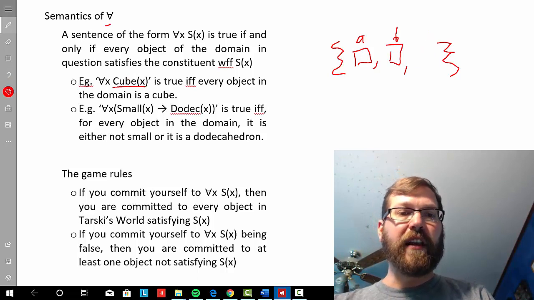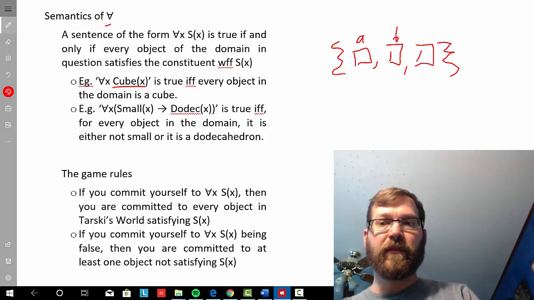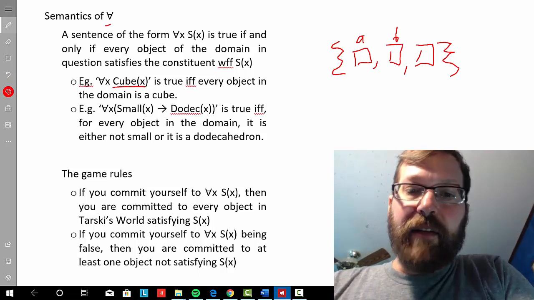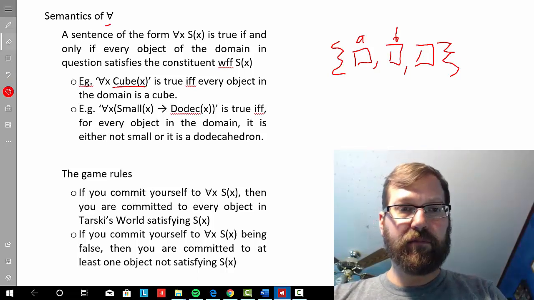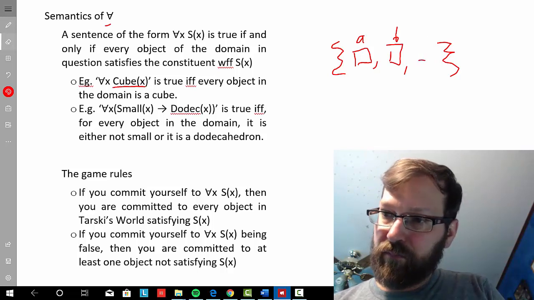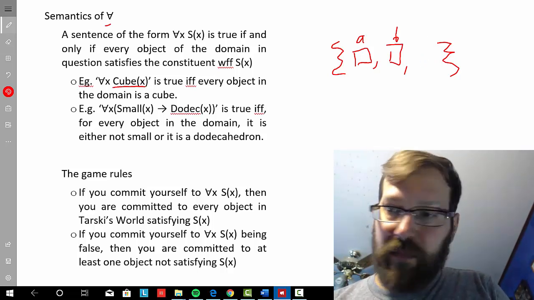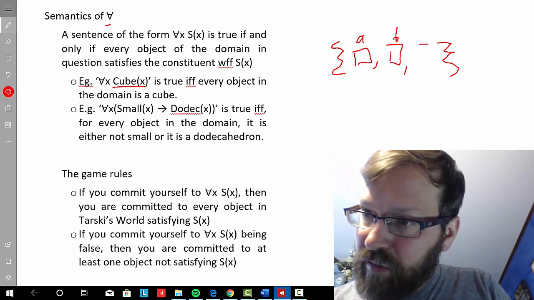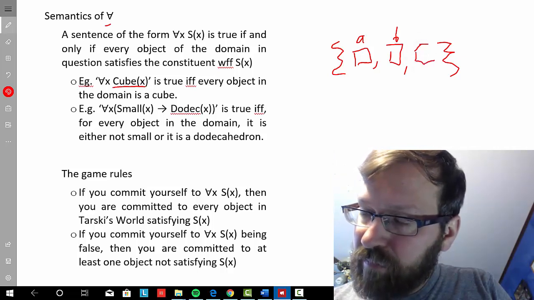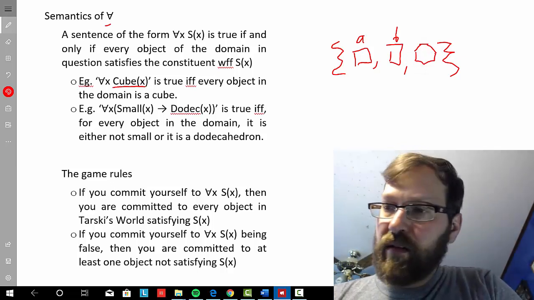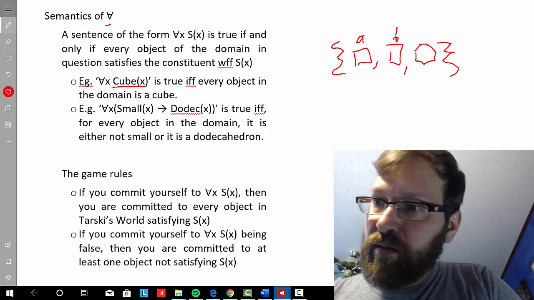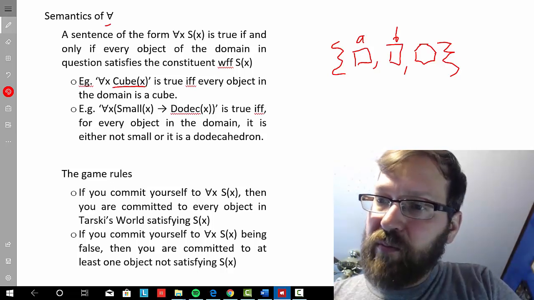Okay, let's look at another example. For all x, if x is small, then x is a dodecahedron. Pretend that this is a dodecahedron. And let's suppose that these are all small.